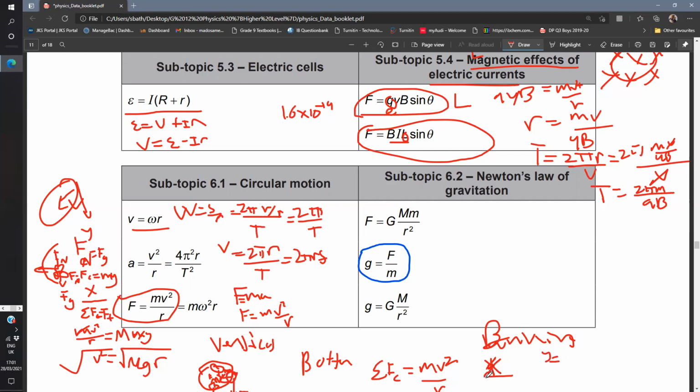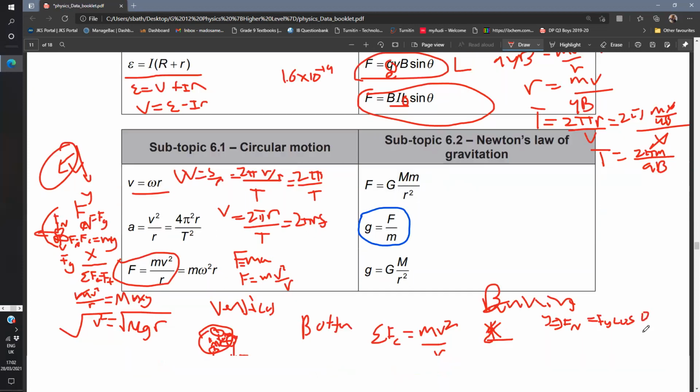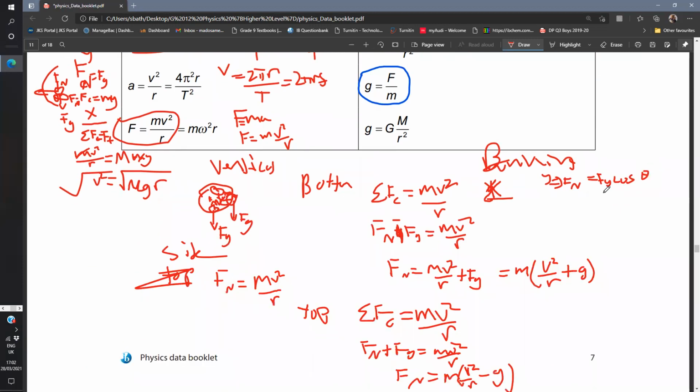So if you can't see it, it's a slope. So here it's Fn. In terms of y, Fn is equal to Fg cosine theta. And we already did a lot of these examples when we did forces and stuff. So cosine theta.